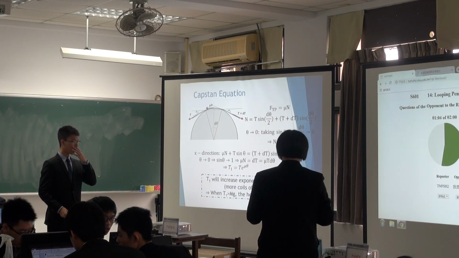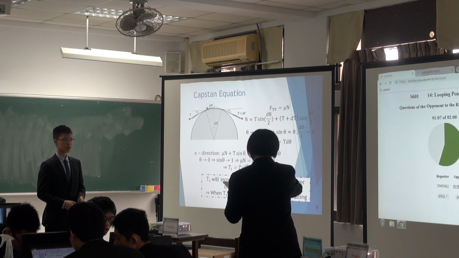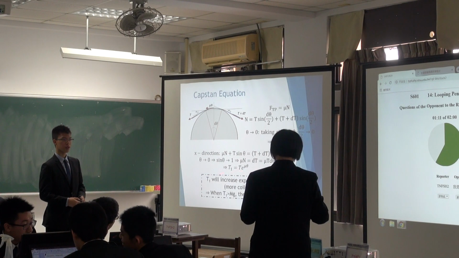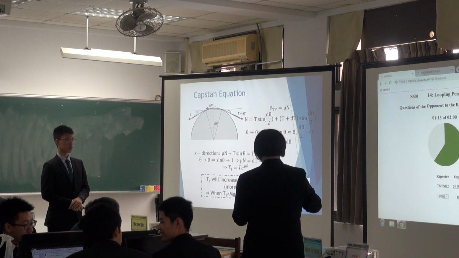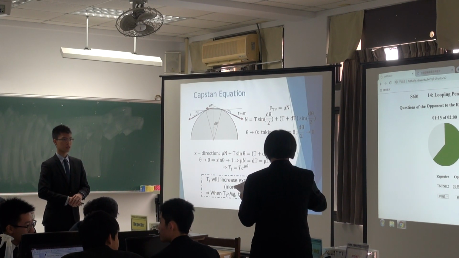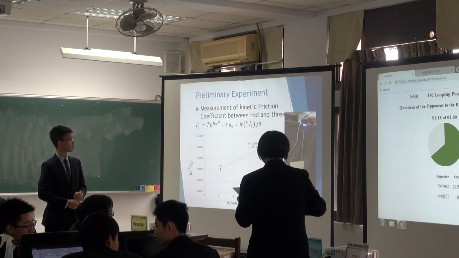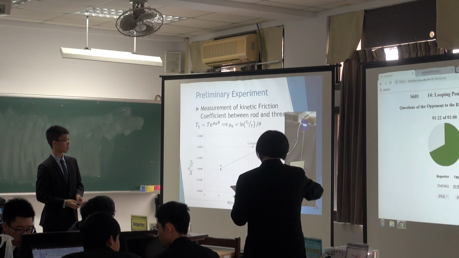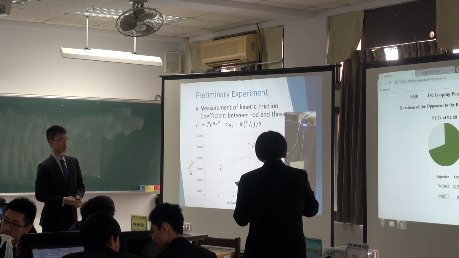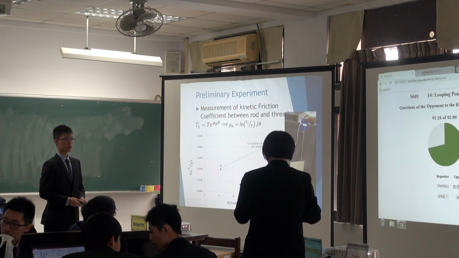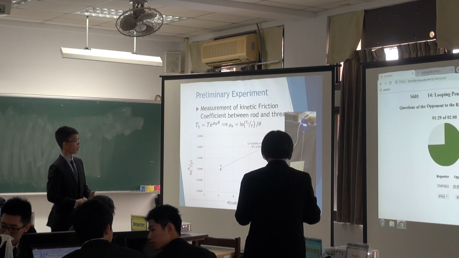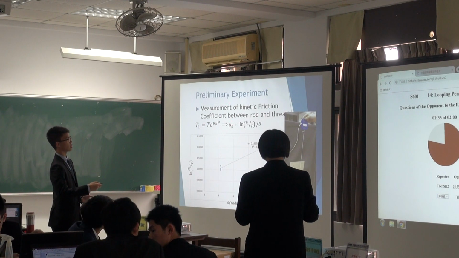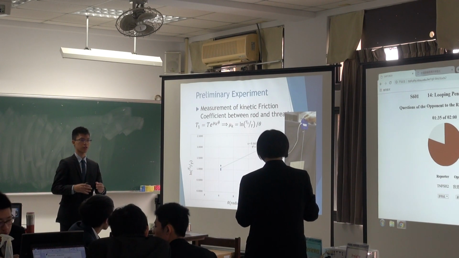And you mentioned you are calculating the friction in this experiment, right? You mean this one? Yes. Could you show me the diagram of how you calculate the friction with time passing by? I want to know the relationship of the friction over time. Well, according to the material, the coefficient of friction is constant throughout the time.